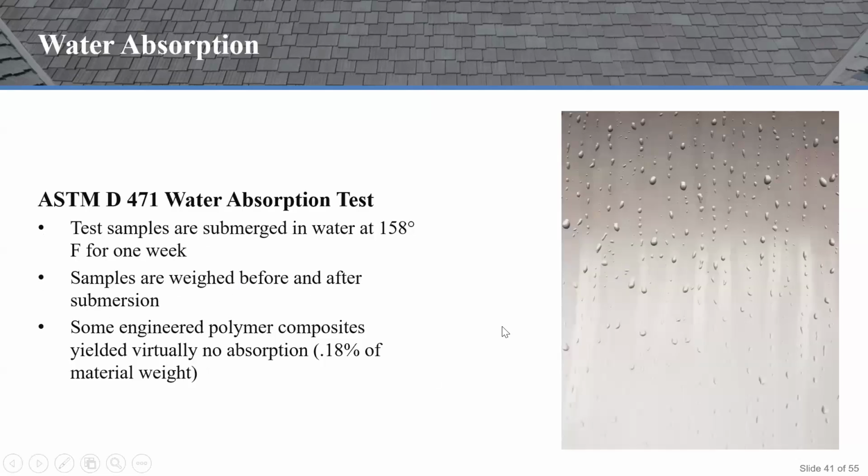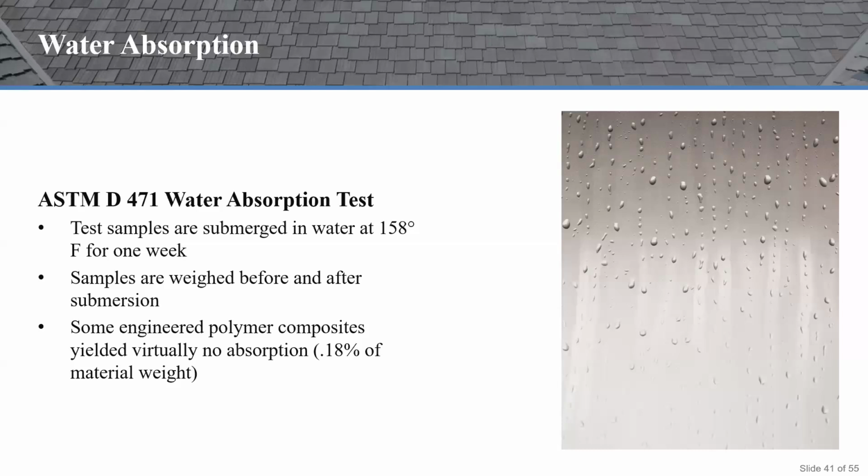Water absorption is another big one. There are a few products out there that add wood fiber to their composites. I would beware. If you stick those products in a bucket of water and let them sit for a week or two, they will absorb moisture. And if they absorb moisture and you're in northern markets or markets where you do have freeze thaw, you're going to have cracking tile in a very quick period of time.